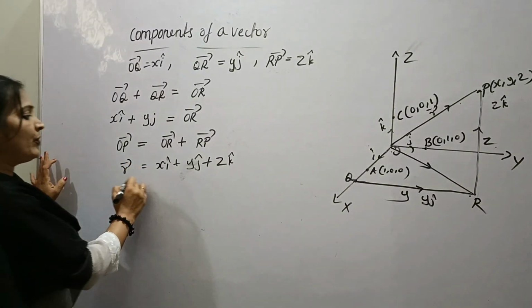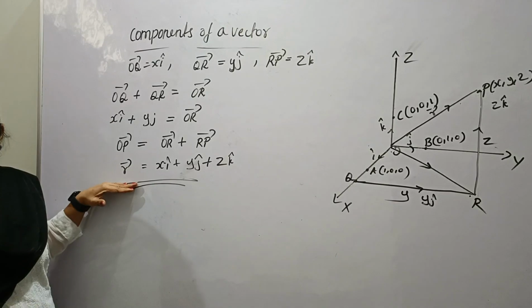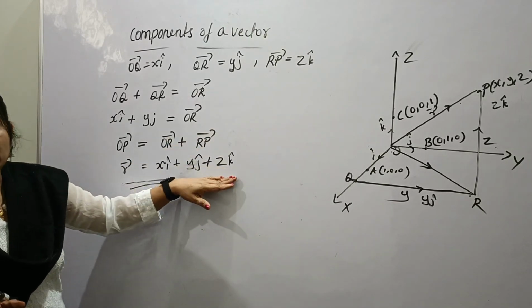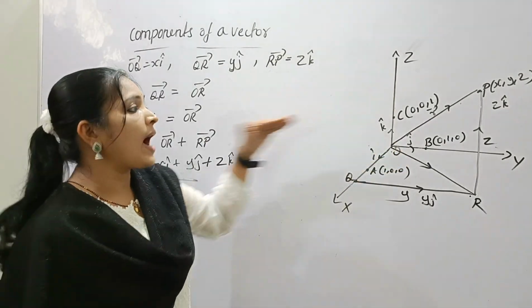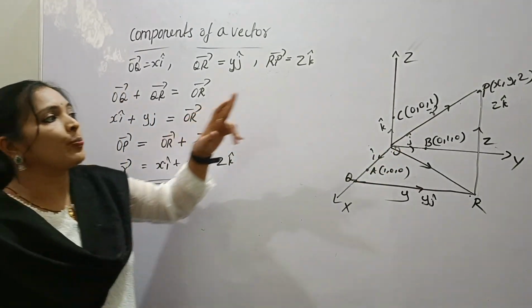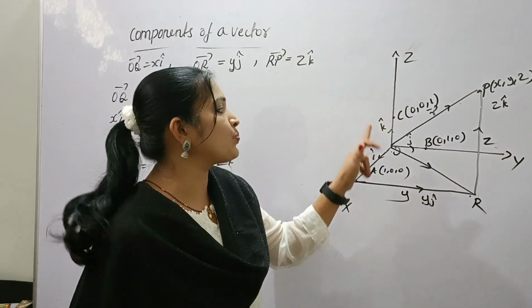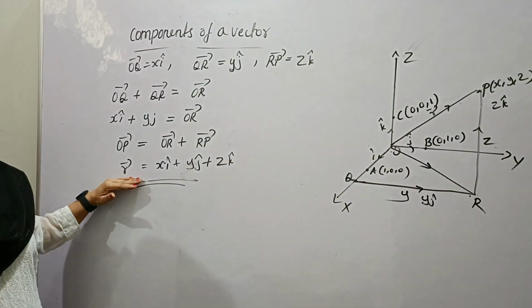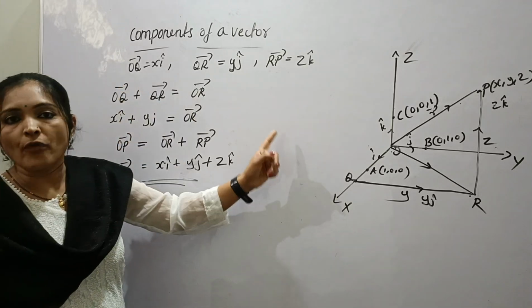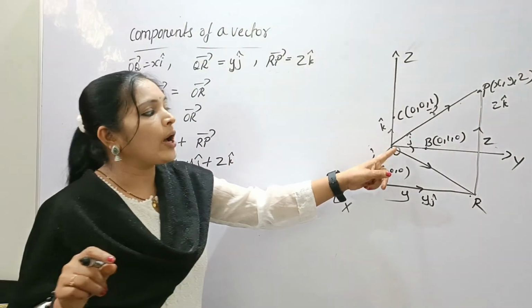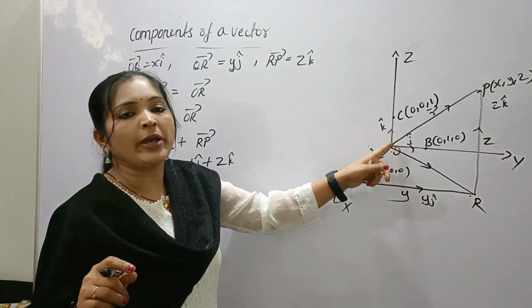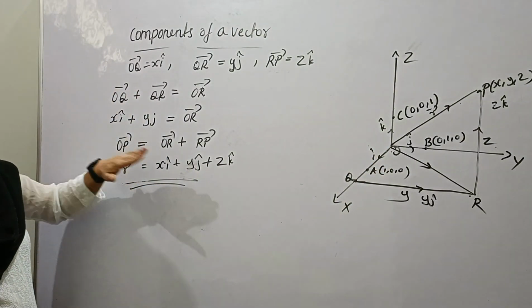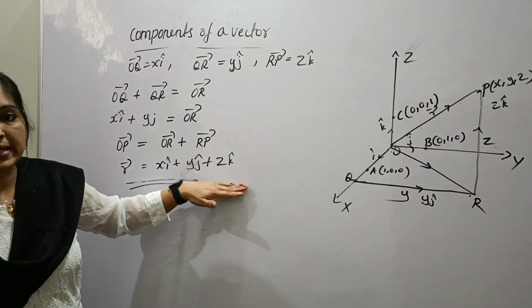So vector r is equal to x i plus y j plus z k, where r is the position vector of the point P(x, y, z) with respect to the origin O.